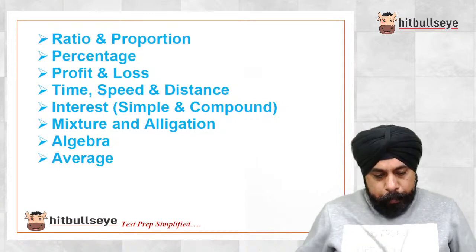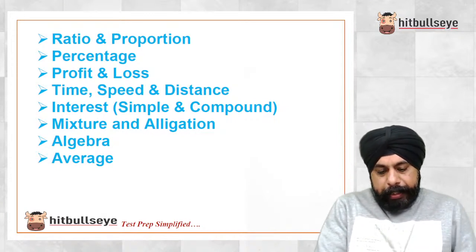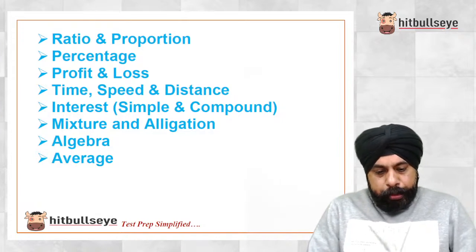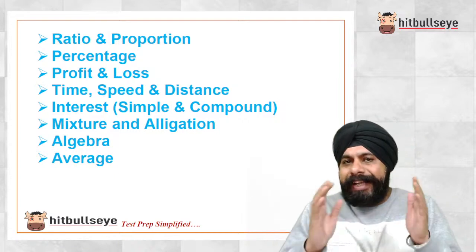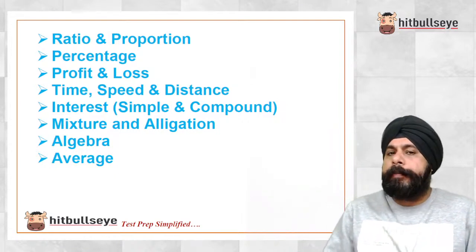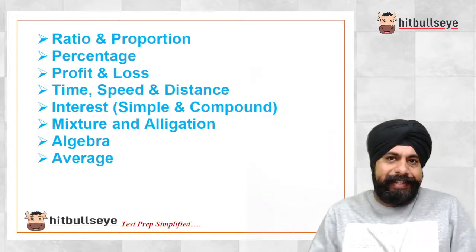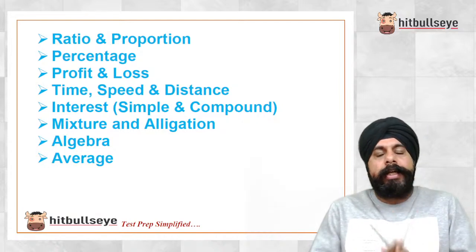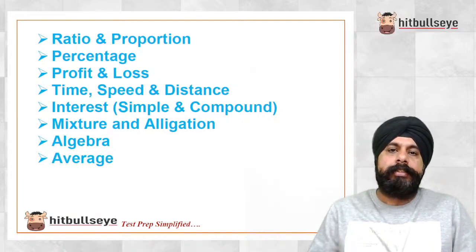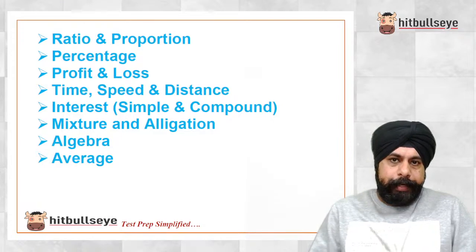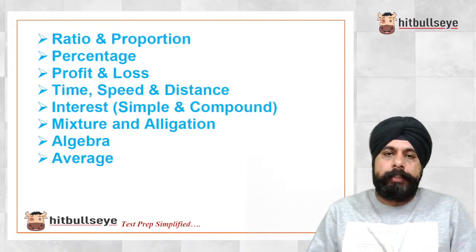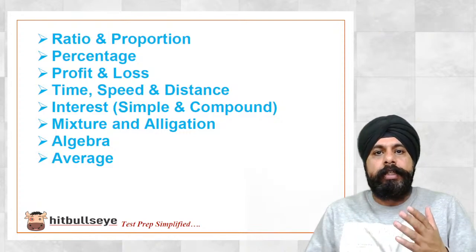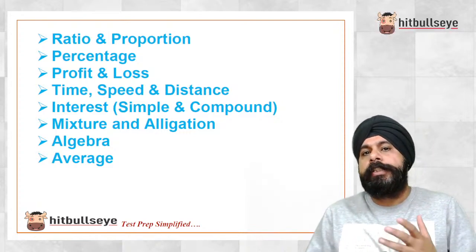So I hope you all are understanding that the major portion of the CAT paper has the questions primarily from these areas, which we call as arithmetic and other such relevant portions. Now, without wasting any time, let's proceed further and solve a few of the questions from the previous papers.